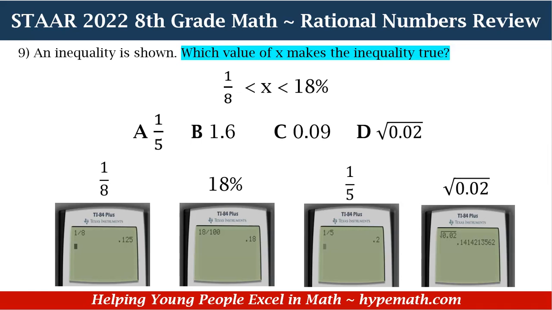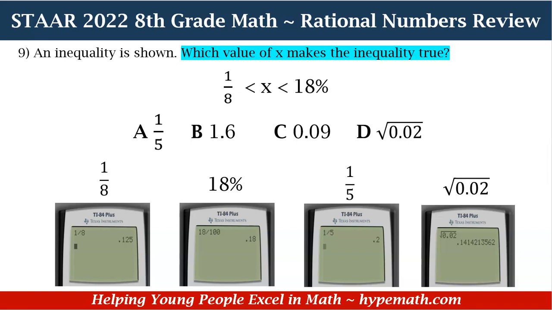All right. So first, not only do we need to convert our answer choices, we also need to convert the numbers in our inequality sign as well. So 1/8 is converted to 0.125. And again, the way you put it in your handy dandy calculator is 1 divided by 8, because the fraction bar is just really the division sign, okay?